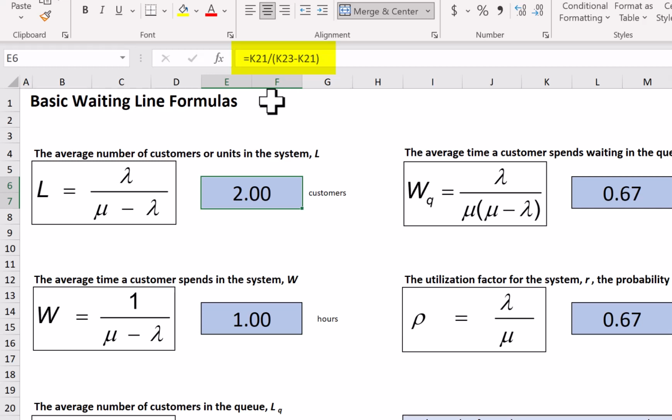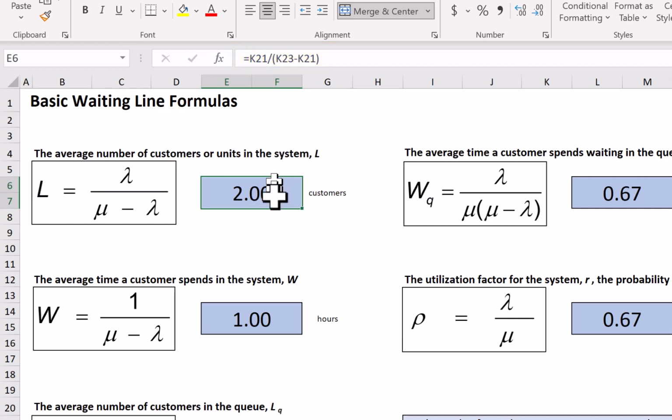And we enclose those values in parentheses so the math works out the way it should. Always, always, always make sure that you keep your parentheses, and parentheses are always in pairs. If there's an open, there must be a closed parenthesis.